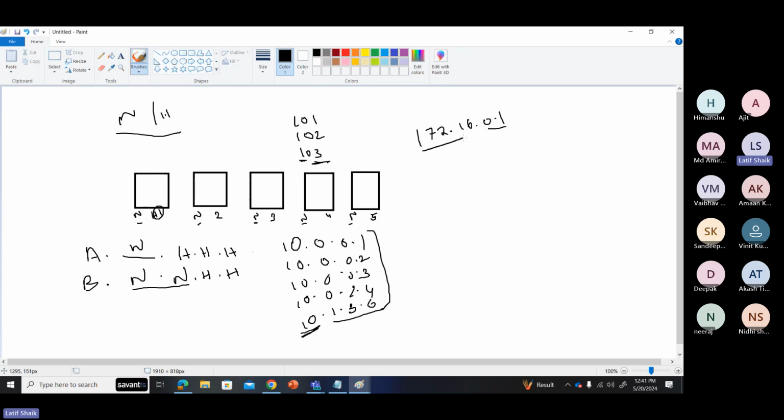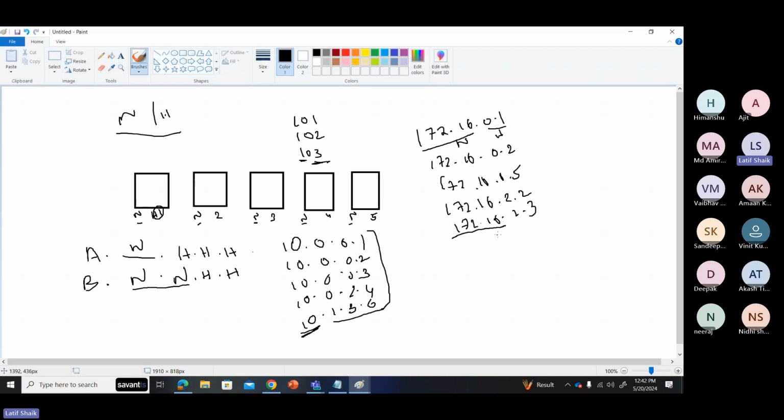This is our network portion, and this is our host portion. And to the second system I gave 172.16.0.2, then 172.16.1.5, 172.16.2.2, 172.16.2.3. So what is most important? Whether it is the same network or not.